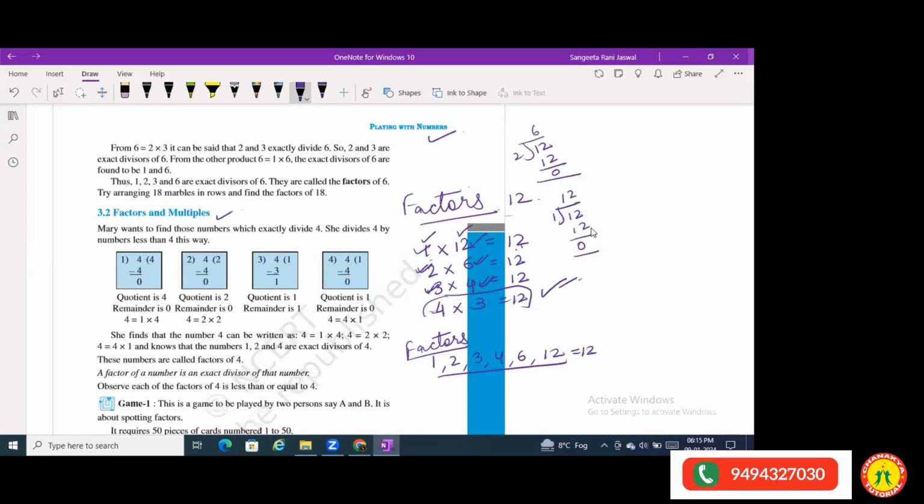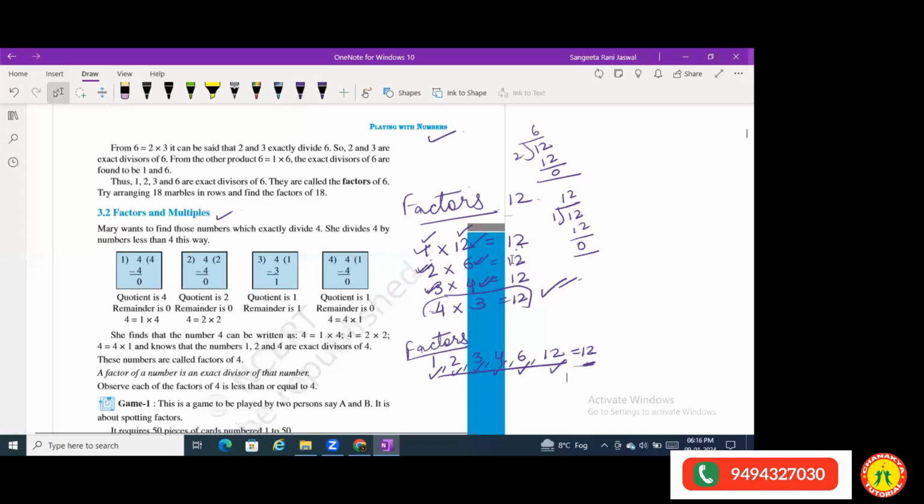So that number which divides a number completely and leaves no remainder, that means 0 remainder, is a factor. So 3 also divides 12 completely, 4 is also divisible, 6 is also divisible, 12 is also divisible. You got it? So when a number is completely divisible by a number, we call it a factor.